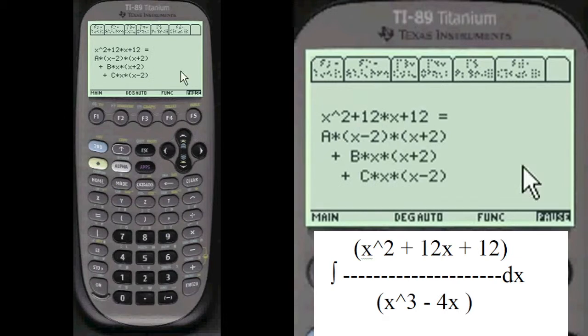Common denominator is the actual words. So we end up with x squared plus 12x plus 12 equals a, and x times x minus 2 times x plus 2, bx times x plus 2, cx times x minus 2.